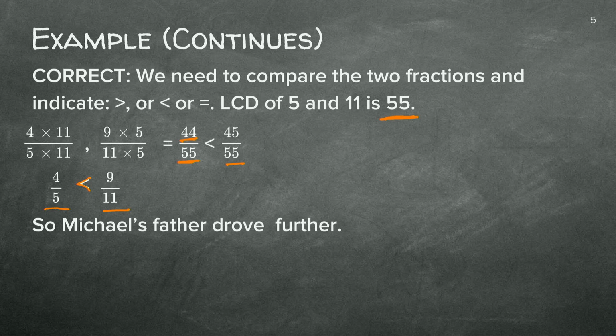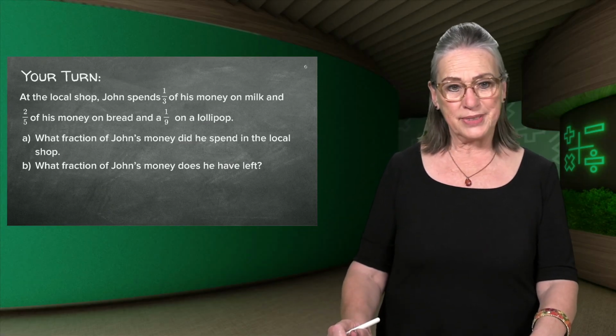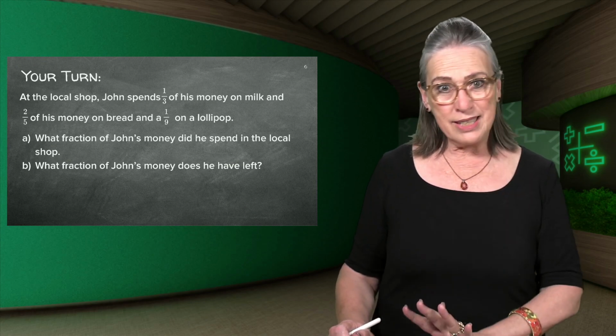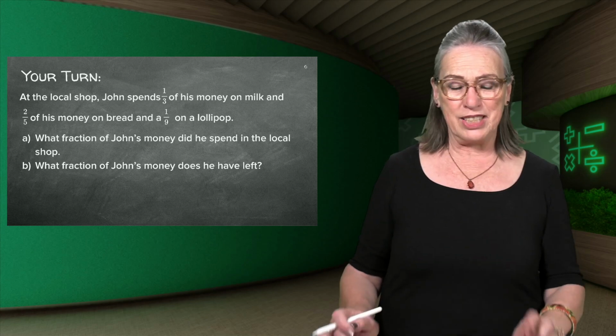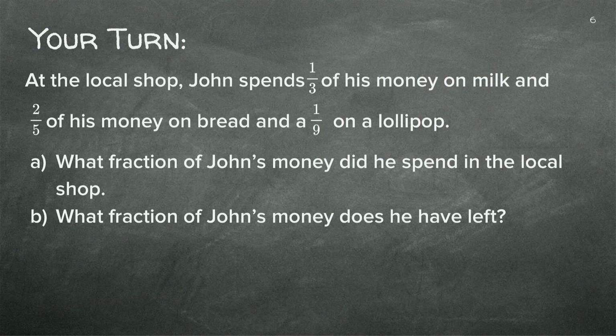Cool. Right. Let's do your turn. I want you to pause, do it, and then we're going to discuss it. At the local shop, John spends 1/3 of his money on milk and 2/5 of his money on bread and 1/9 on a lollipop.